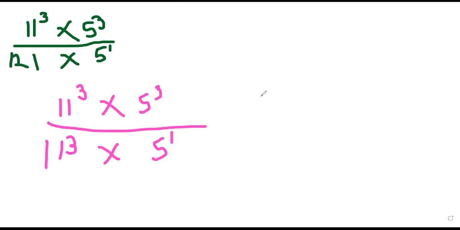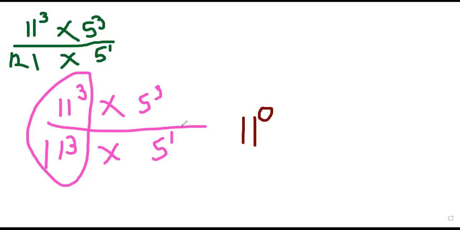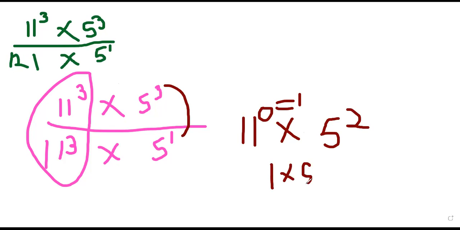Now again we will use a to the power m divided by a to the power n is equal to a to the power m minus n. So here you got 11 to the power 1 into 5 to the power 2, since 3 minus 1 is 2. 11 to the power 0 is 1. So 1 into 5 square, 5 square is 25. Done. Finish. Over.